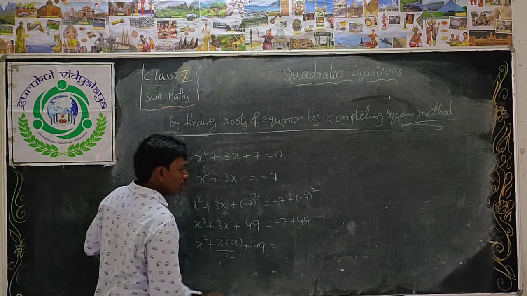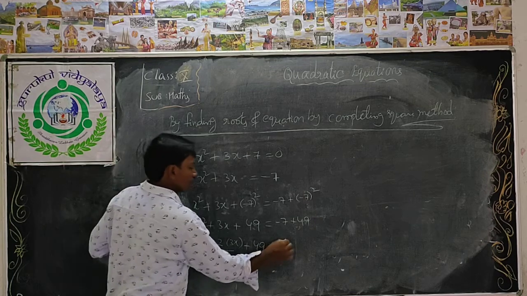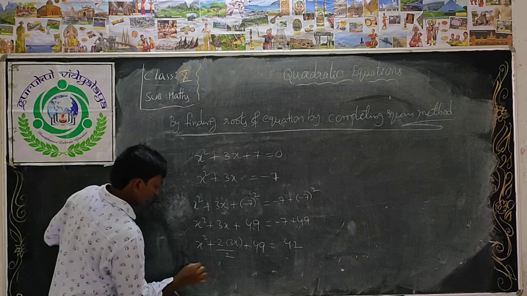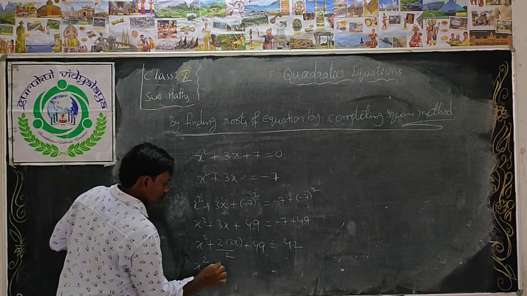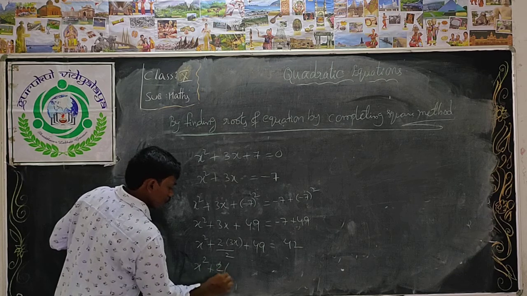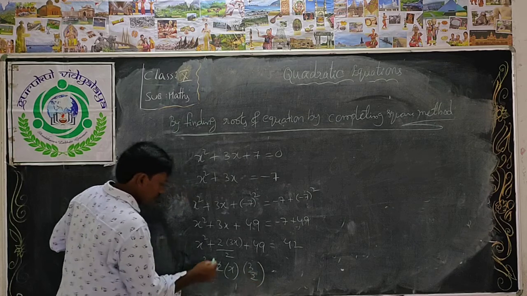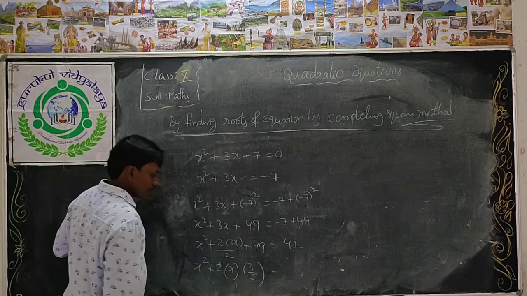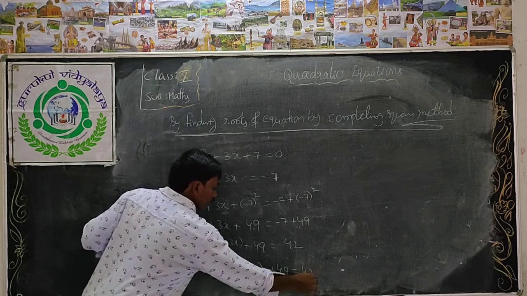Minus 7 plus 49, subtract 7 from 49, 42. Okay children, now it is x square plus 2a, what is the remaining term? 3 by 2. x square plus 2x times 3 by 2, 2ab plus 49 is equal to 42.